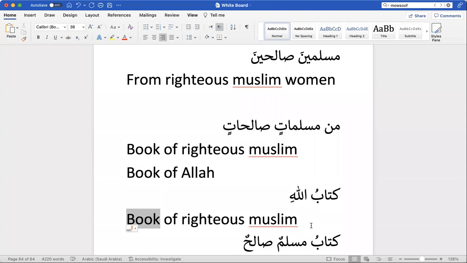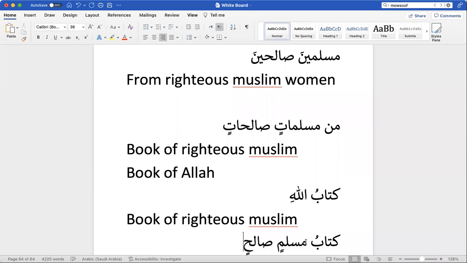Muslimina Solihina, no, because it has to have jar status. And muslimina is plural, this is singular. So muslimi solihi. Muslimin, because I'm making it heavy, as there is no al on it. So muslimin solih.